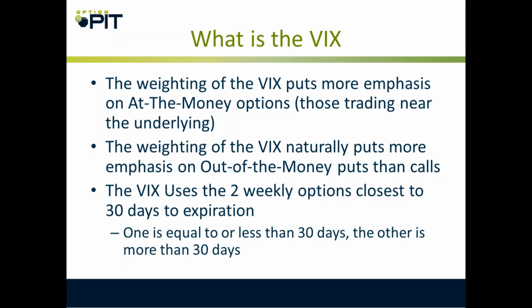And this is because an out-of-the-money put that is $50 away from the underlying is going to cost more than an out-of-the-money call that is $50 from the underlying. VIX measures premium levels.